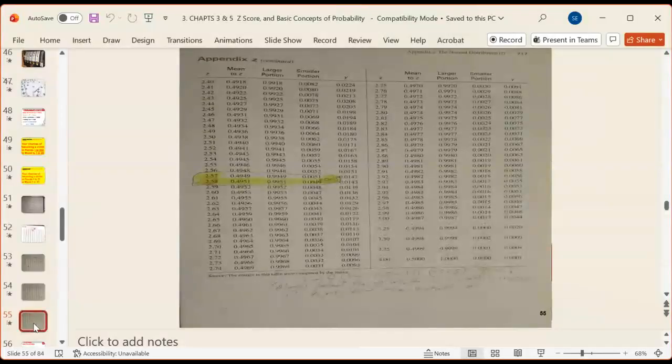Again, you have to have the book or print these pages because you can't do this next quiz without these critical values.